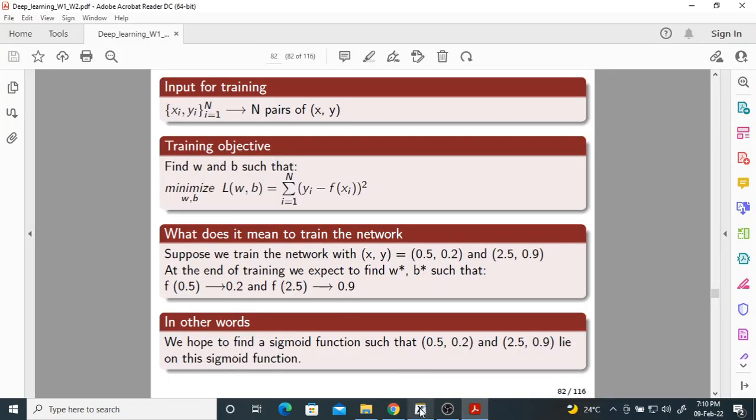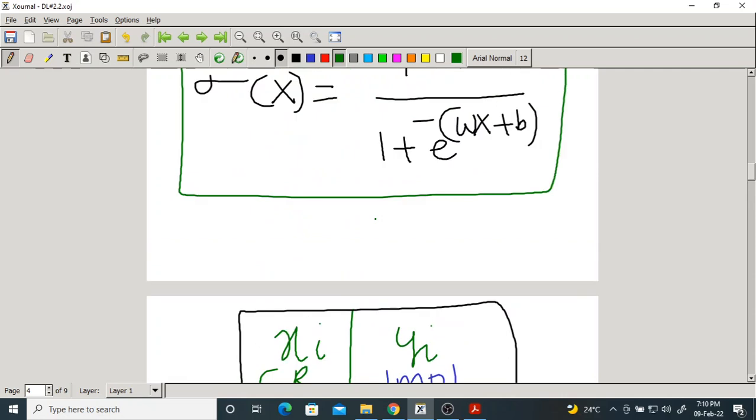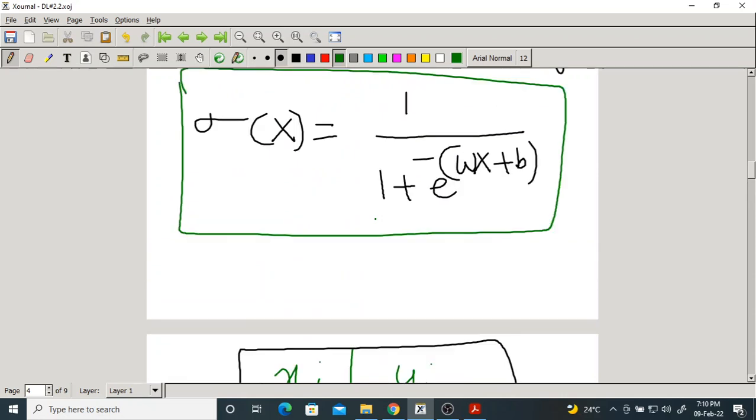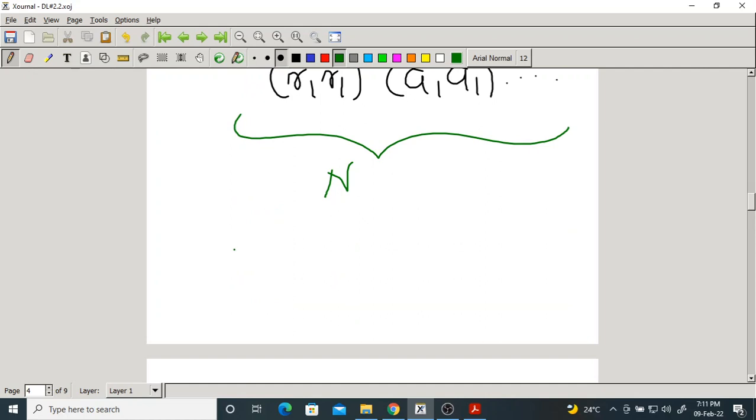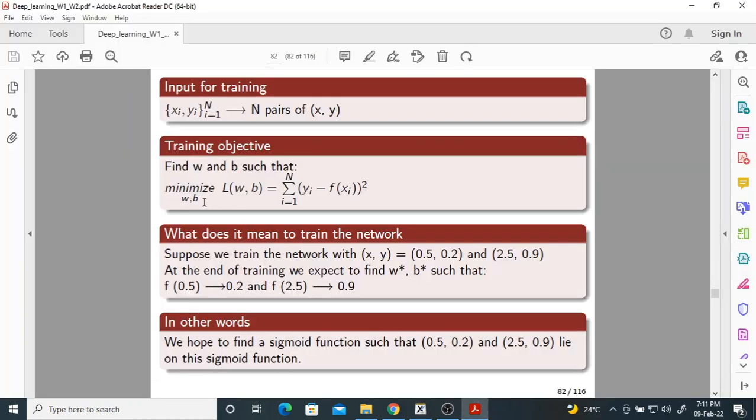Now, in this function, what are the parameters to be learned from the data? W and B. We have to learn these parameters W and B such that the loss function is minimized.